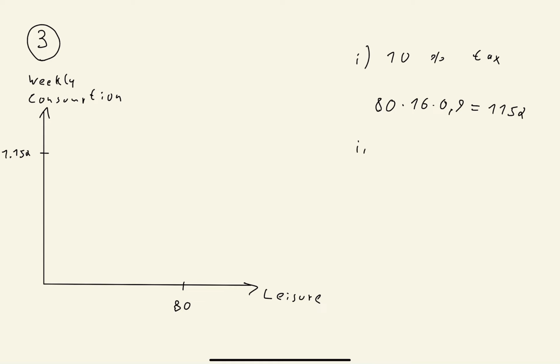And the second one would be a 20% tax rate. Then we have a similar exercise. We have 80 times 16 times 0.8, because we have a tax rate of 20%, and this is 1,024.